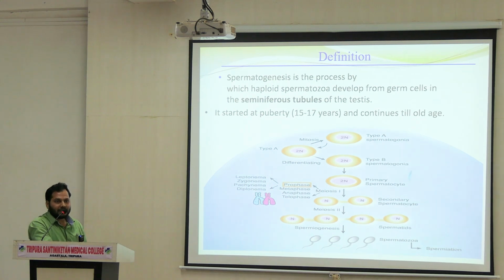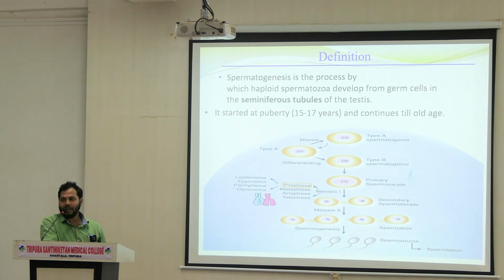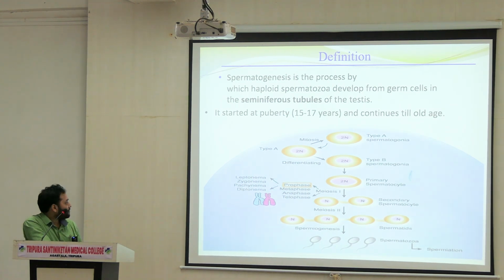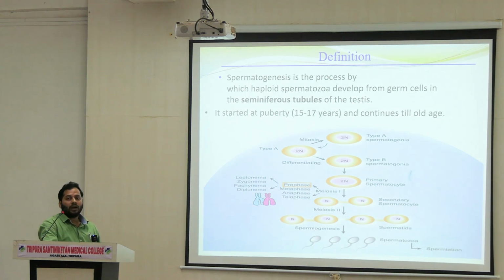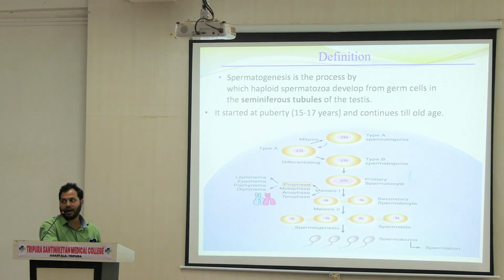This spermatogenesis process mainly involves certain types of cell divisions, mainly mitotic cell divisions and meiotic cell divisions, both involved in this particular spermatogenesis event. So now see here, the spermatogenesis or formation of sperm cells basically initiates from an immature spermatogonia, right?